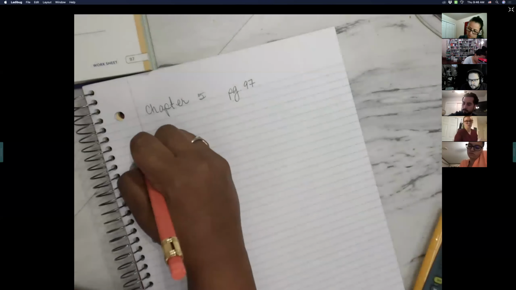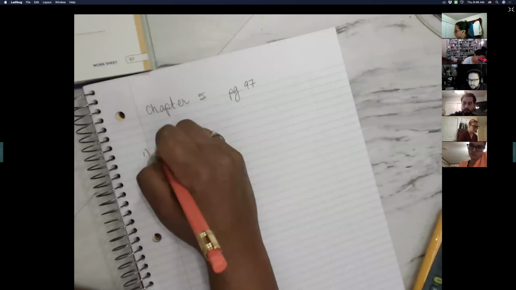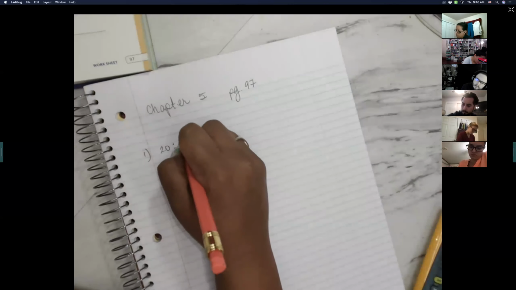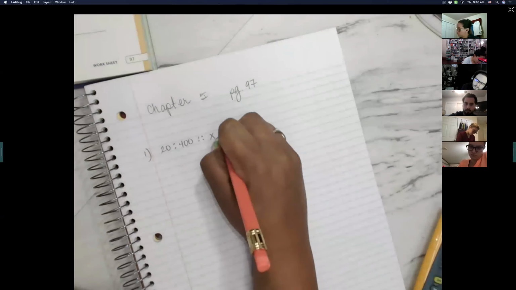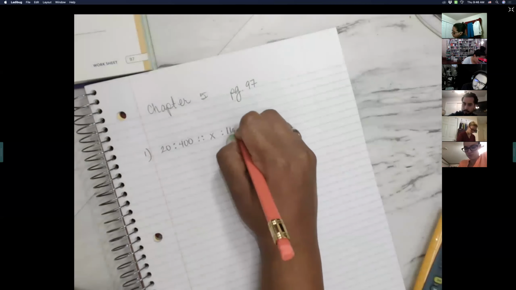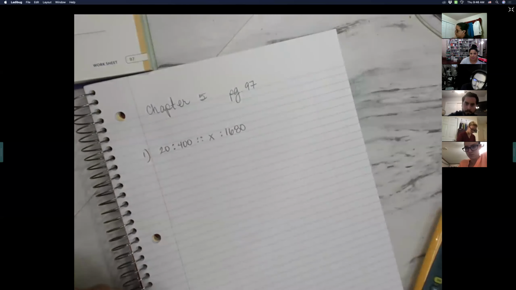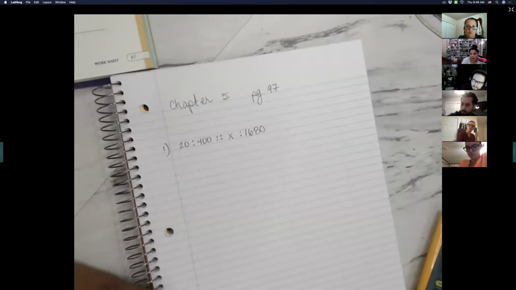And the first question wants us to find the value of x, okay? So they're asking us 20 to 400 is proportional to what to 1680? That just looks like a hot mess, right?